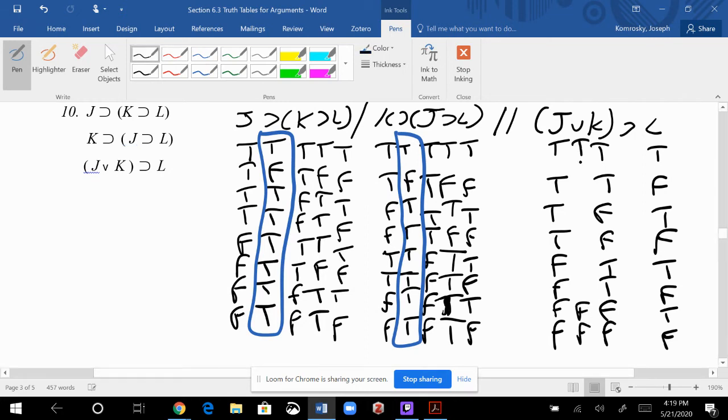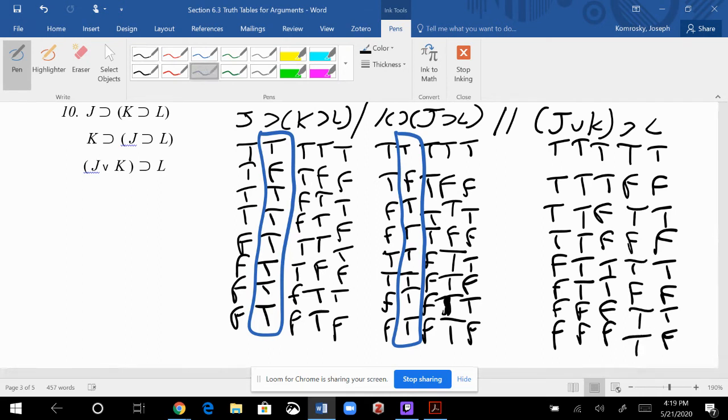And then all the rest are true. And then we do this guy. So true, false. I know this is false. True, false. True, false. All the rest are true. That's just the way the conditionals work.